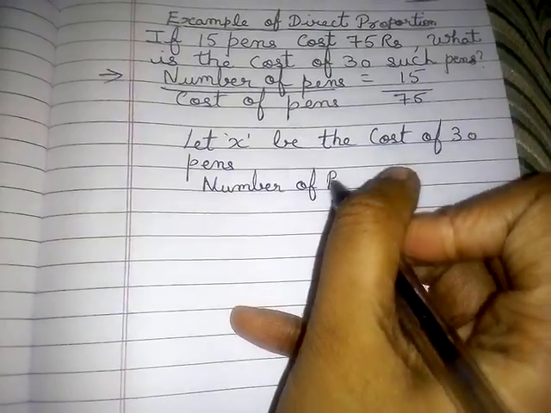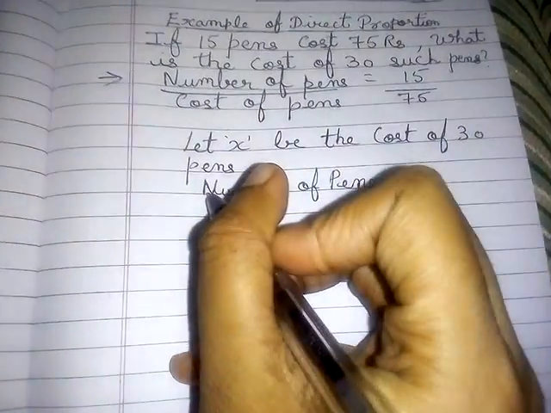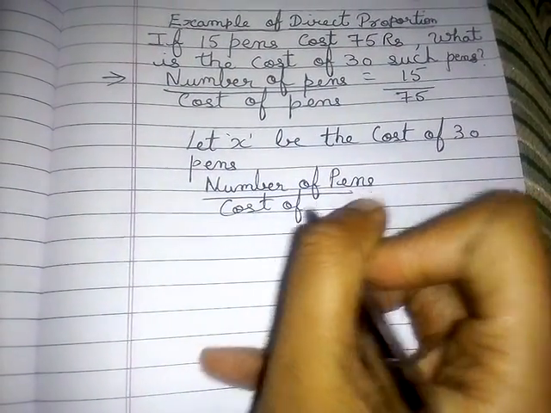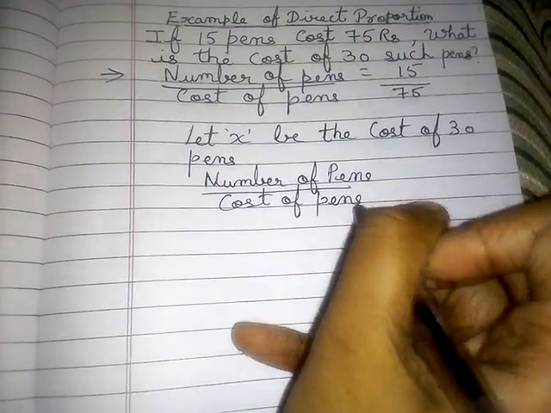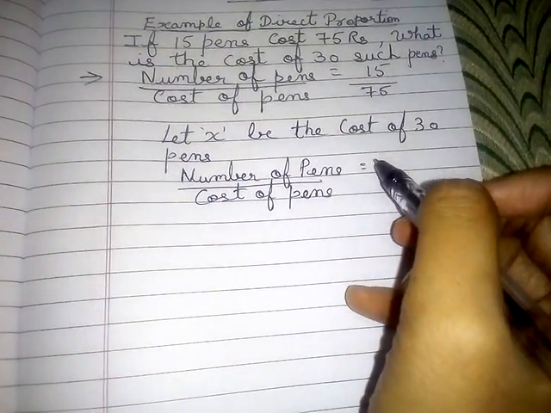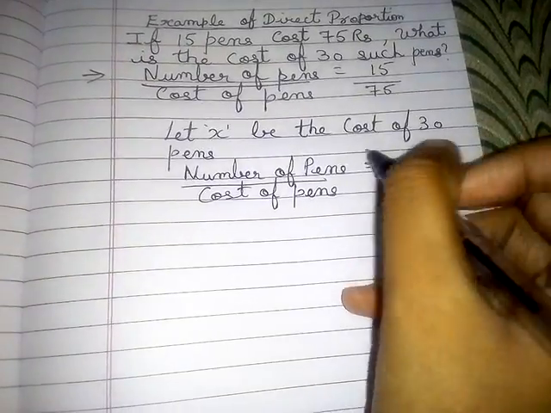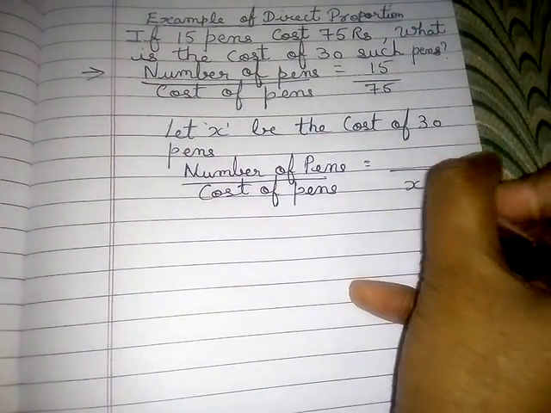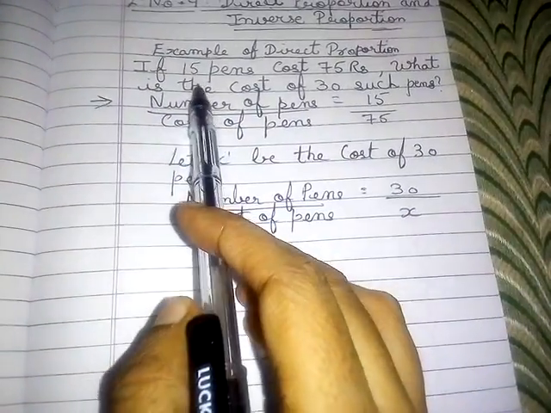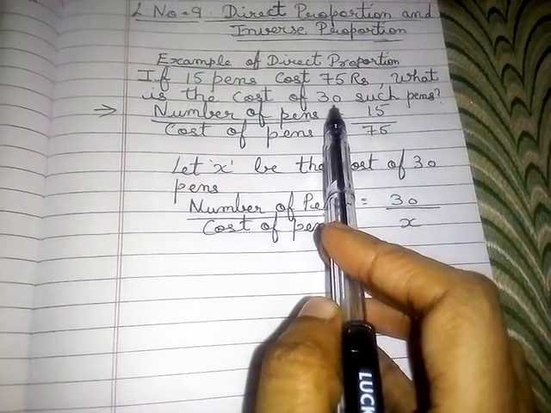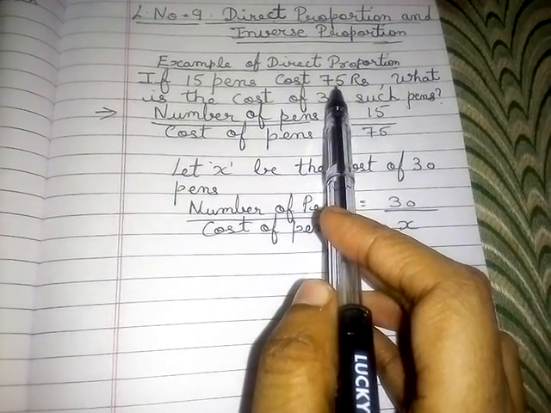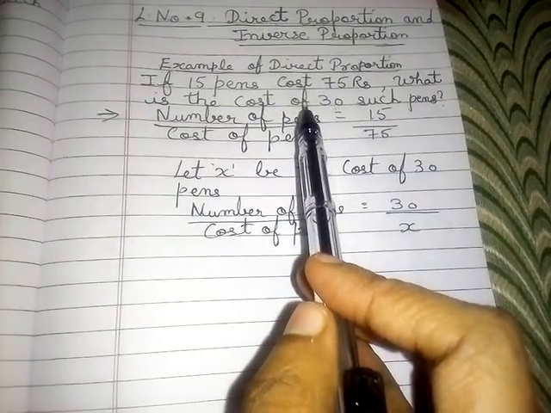Number of pens upon cost of pens. Okay. Cost of pens is x. Number of pens is 30. Now from 15 pens to 30 pens the number is increasing, and therefore the cost of pens also increases.